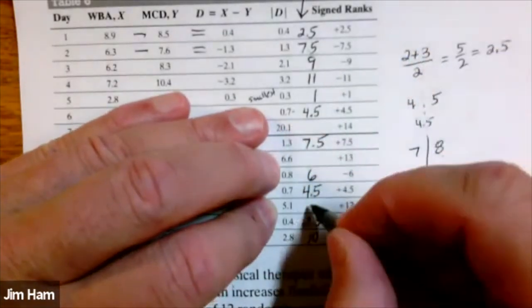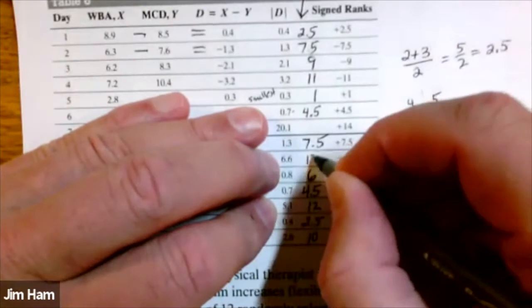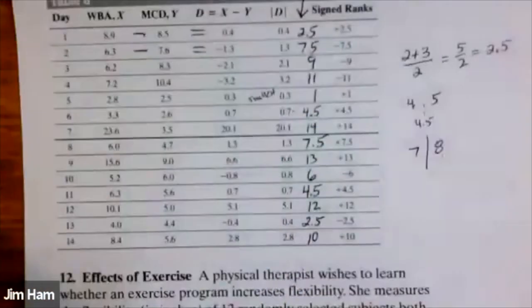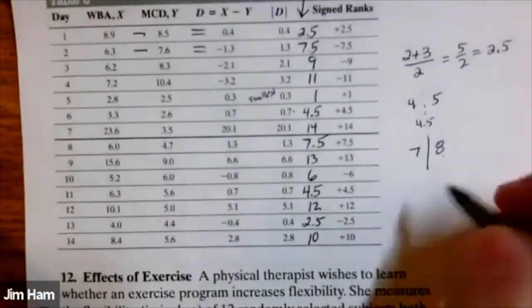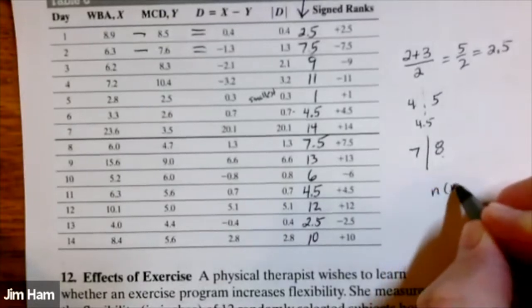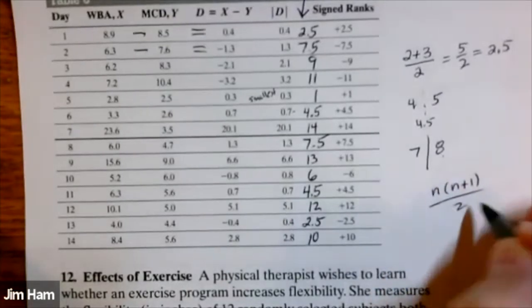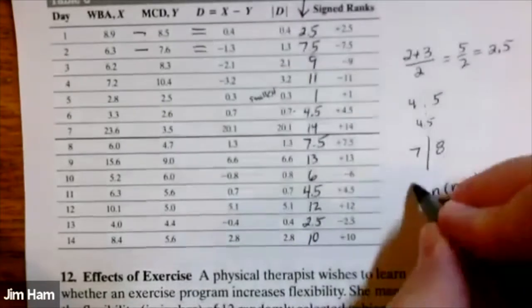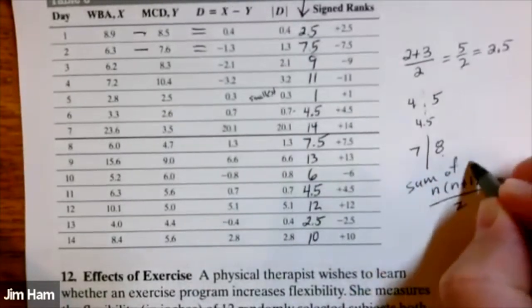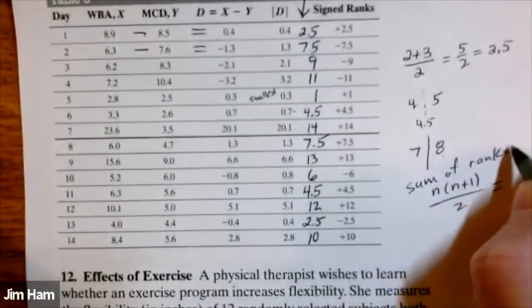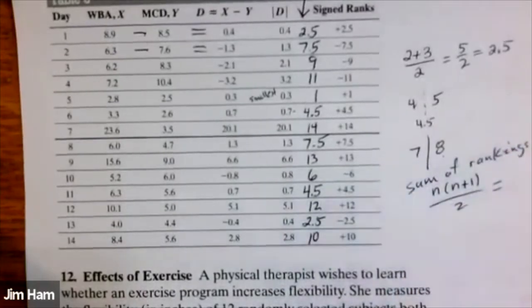All right, so we have 12 and 13 and 14. And so we have the rankings of 1 through 14. And there's a formula that says if you take n times n plus 1 over 2, you should find that the sum of the rankings equals this.